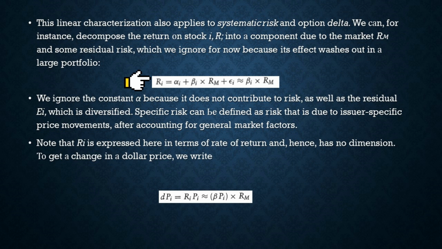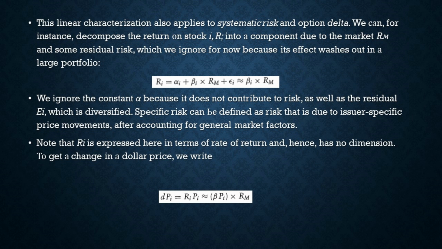And here we see the formula: R_i equals alpha plus beta_i multiplied by R_M plus epsilon_i, which is approximately equal to beta_i multiplied by R_M.